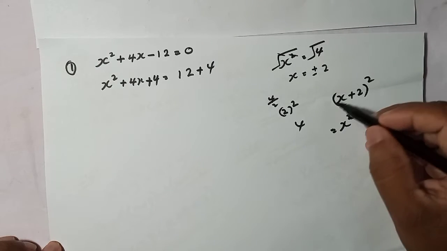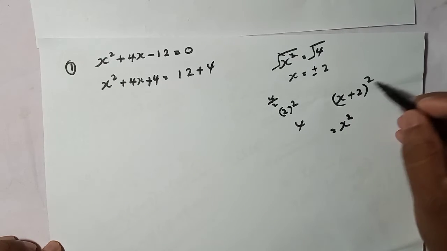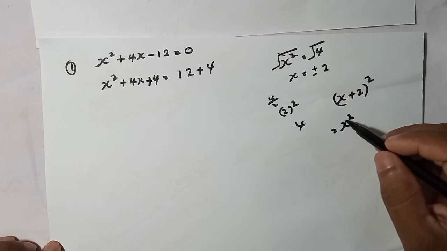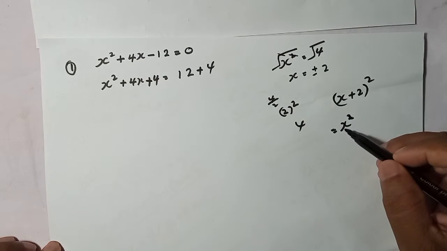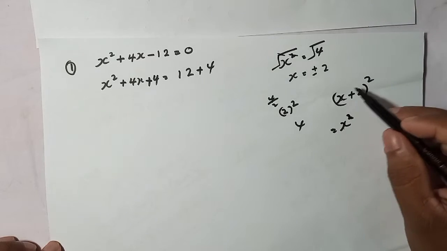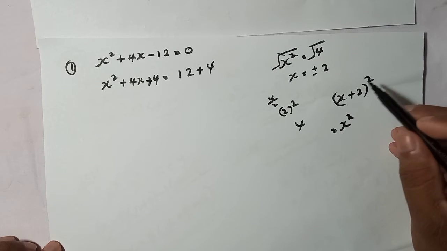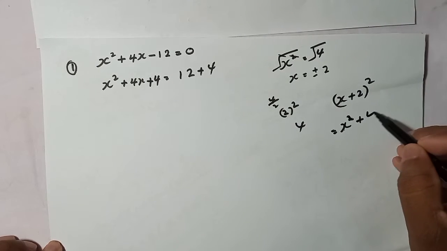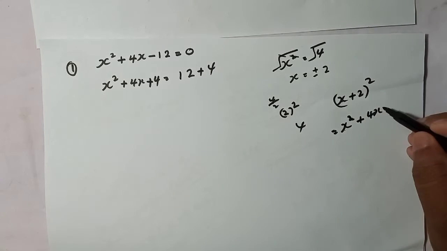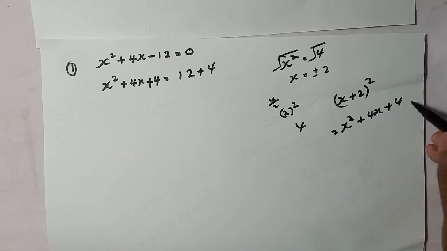We have another way, a little bit long way to get this answer, but there is a short way also. The first term square, first term into second term into 2, x into 2 is 2x, 2x into 2 is 4x, right? And the second term square again, that means 2 square, that means 4. It's like this.